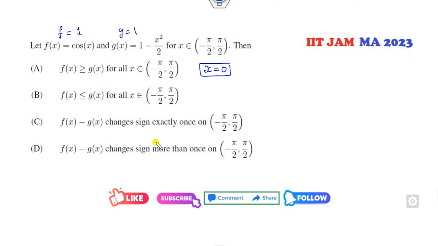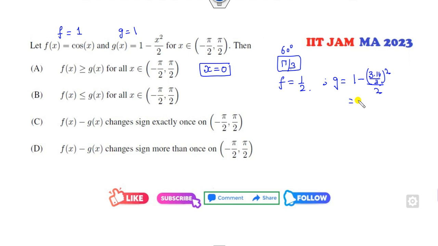Then how can you say about this? Choose any number, say pi by 3. So what is f? It is a 60 degree angle. Cos 60 degree is 1 over 2. Then g will be 1 minus (pi by 3) squared divided by 2.